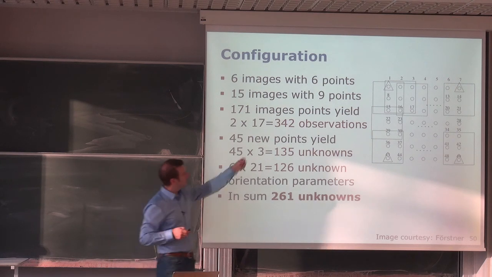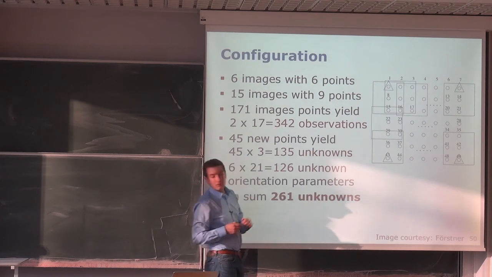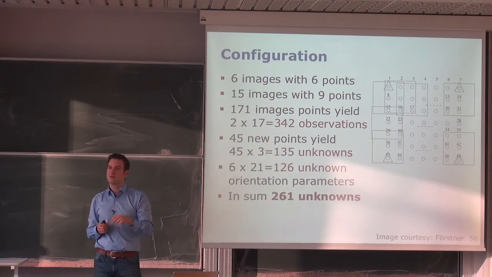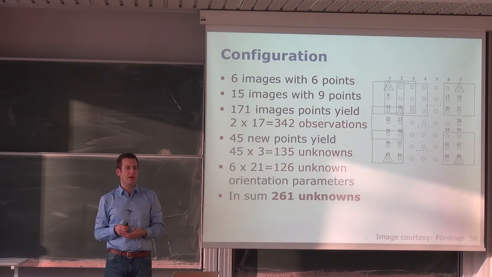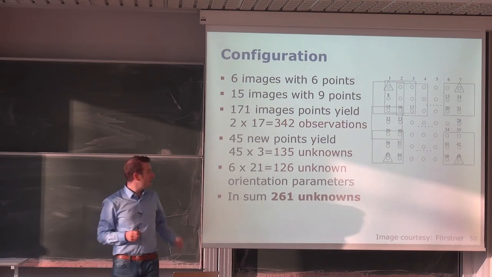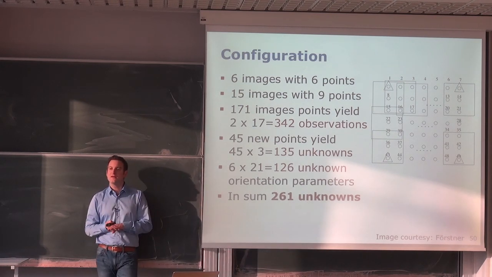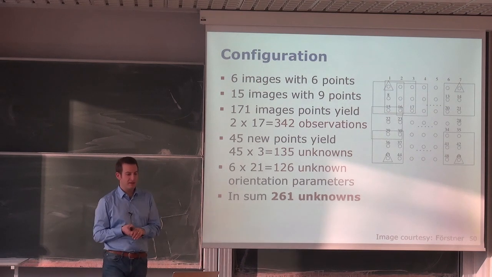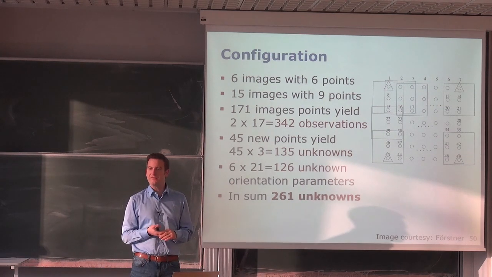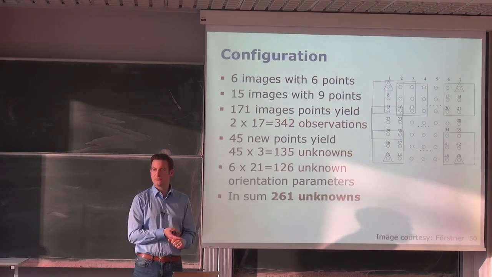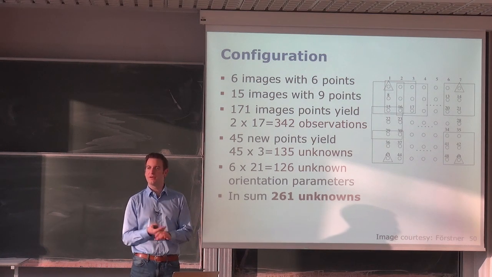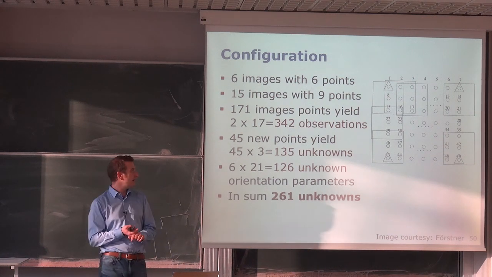So in sum we have 342 observations, individual x or y coordinates that we are going to observe. In addition, we have a number of unknowns. The number of unknowns is the number of points minus the control points, times 3, because every point has an x, y, and z coordinate.